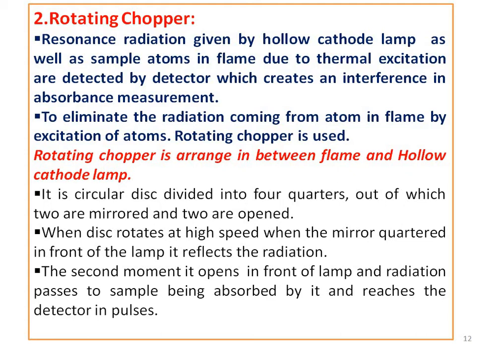It is a circular disc which is divided into 4 quarters, out of which 2 are mirrored and 2 are open. When the disc rotates at high speed, when the mirror is in front of the lamp, it reflects the radiation. The next moment, it opens in front of the lamp and the radiation passes to the sample, is absorbed by it, and reaches the detector in pulses.